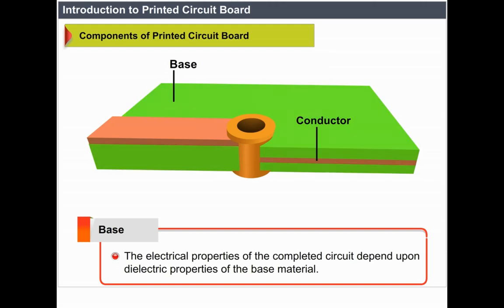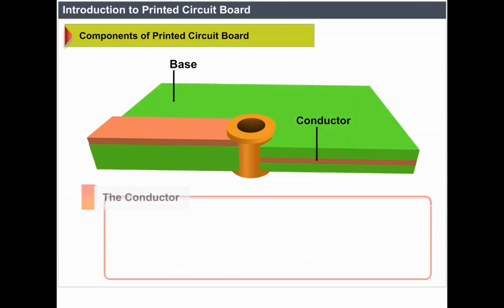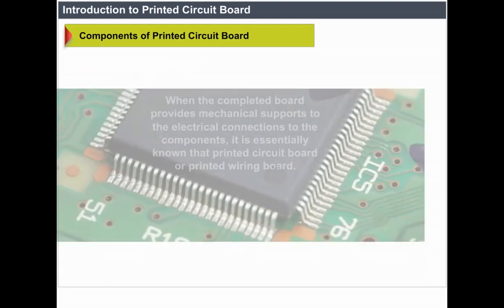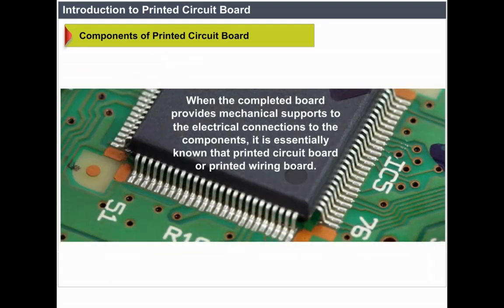The electrical properties of the completed circuit depend upon the dielectric properties of the base material. The conductor not only provides electrical connections between the components, it is also used to solder attachment points for the same. When the completed board provides mechanical support and electrical connections to the components, it is known as a printed circuit board or printed wiring board.